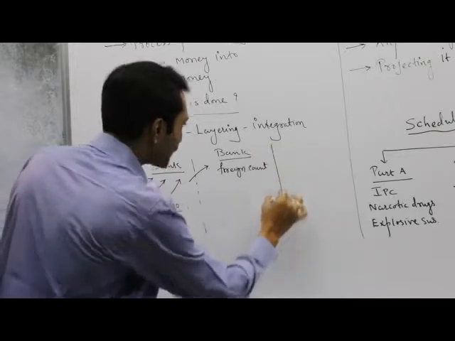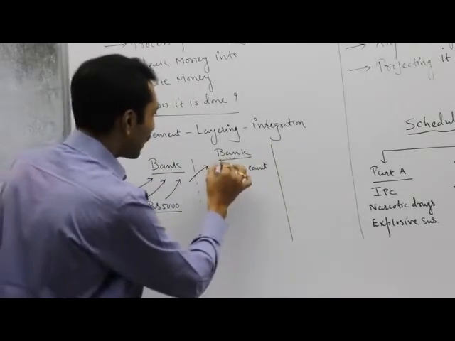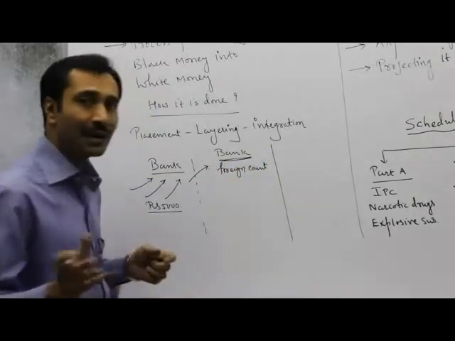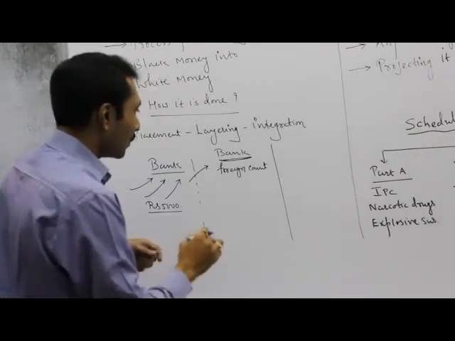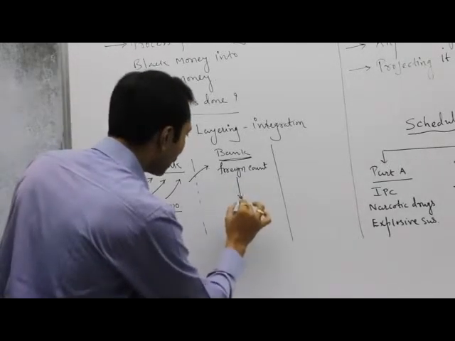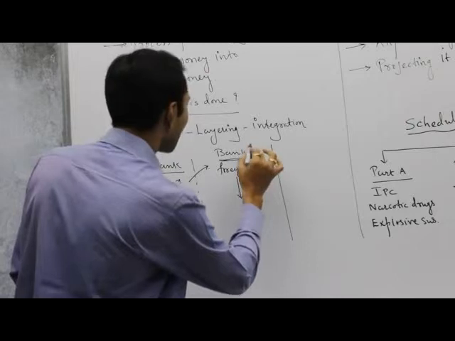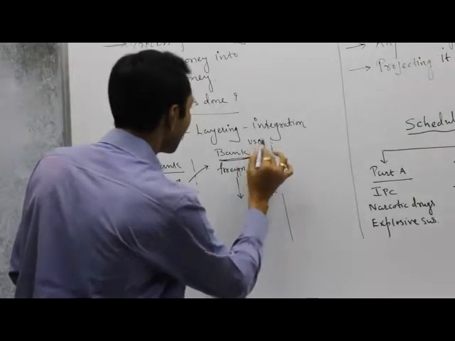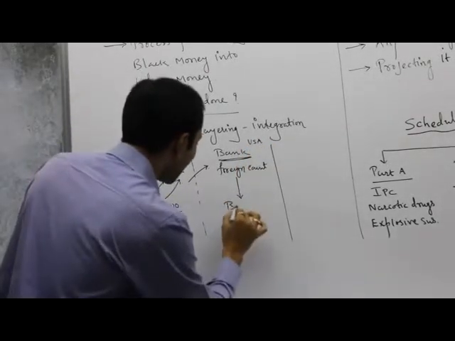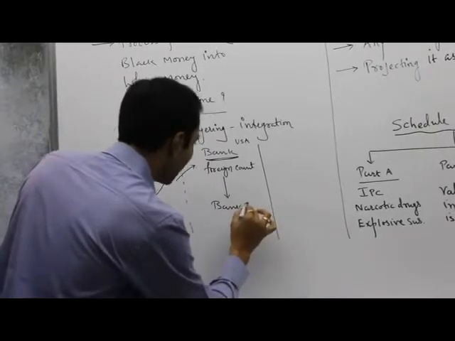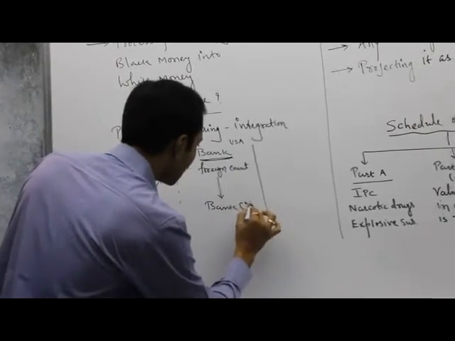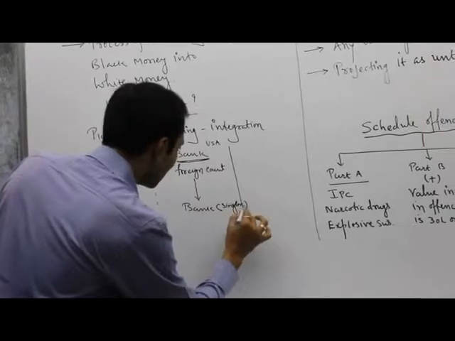Now over a period of time, this foreign bank account also has a lot of funds. So he will carry out one more transaction. Say, for example, this bank account is located in the USA, and he has another bank account in Singapore.